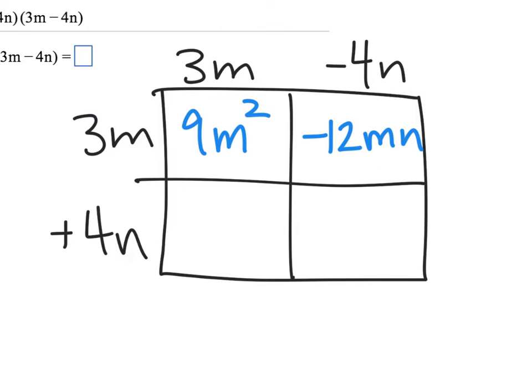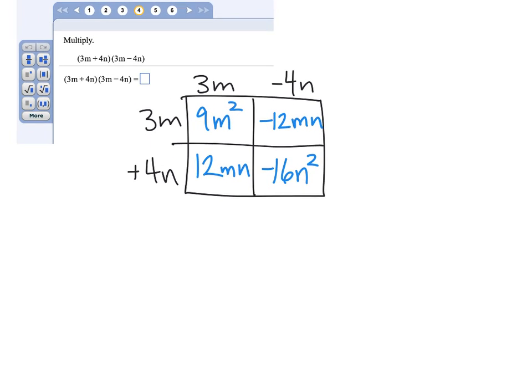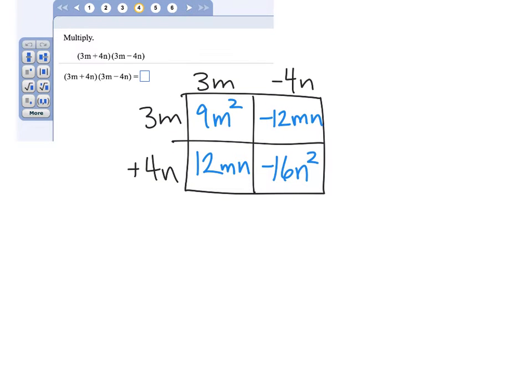Well, this is going to be 12 because 3 times 4 is 12. And then I'm going to just stay in the same pattern as what I started over here. So it's 12mn. And then right here, positive 4, negative 4, so that's going to be negative 16. And then we've got n squared. So there is our box, nice and neat, filled in.